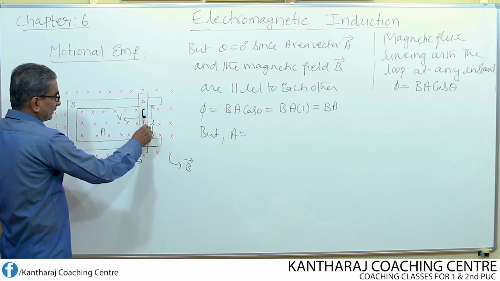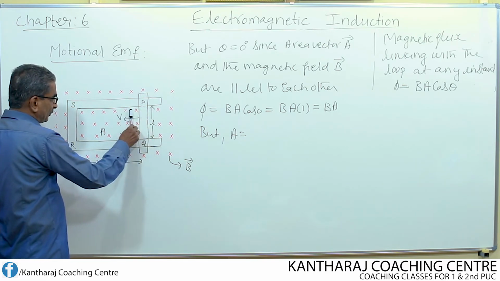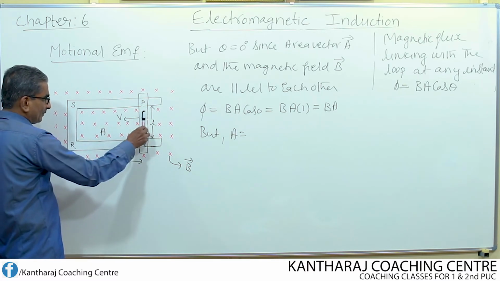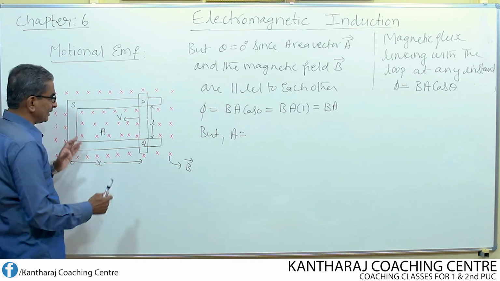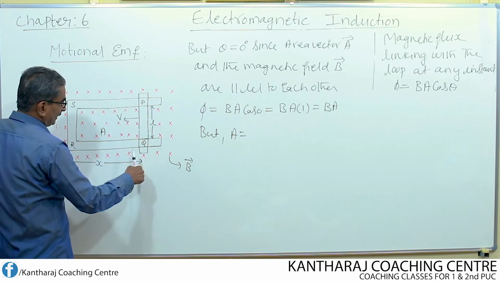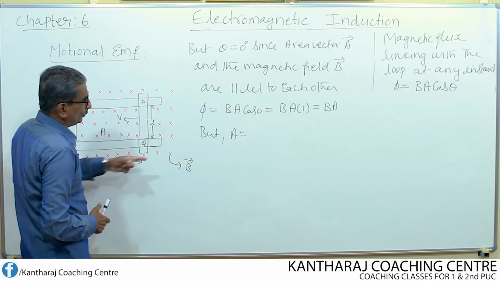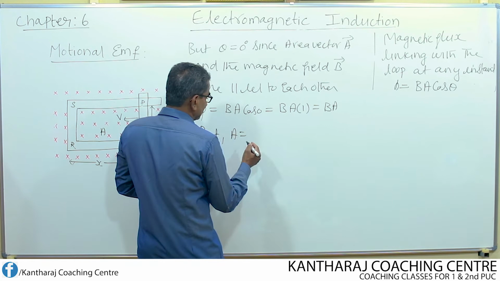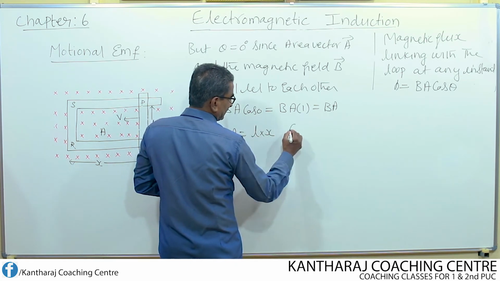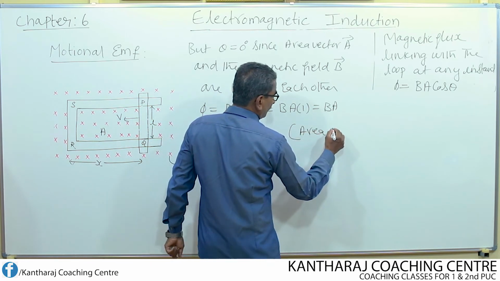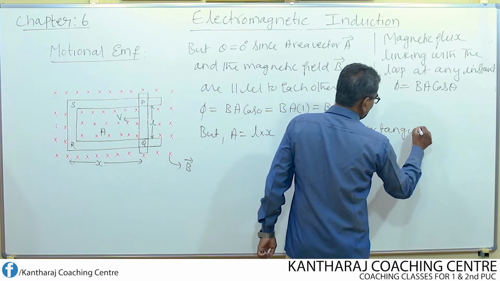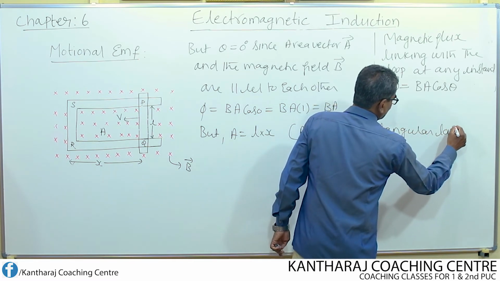If I move the rod with a uniform velocity from this position to this position, the total displacement or the total distance moved is equal to x. So length of the loop and breadth of the loop give the area. So this is equal to L into x, which is the area of the rectangular loop. What is x here?